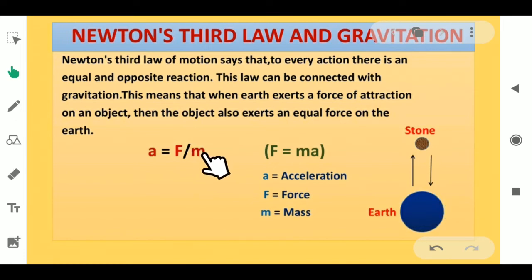The mass is heavier means acceleration should be less, because acceleration is inversely proportional to the mass, right? So in the case of earth, a heavier body with greater mass, it moves with less acceleration. Clear? Yes. That is why we are not seeing the earth moving towards the stone.